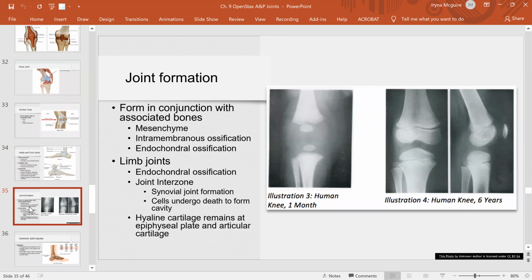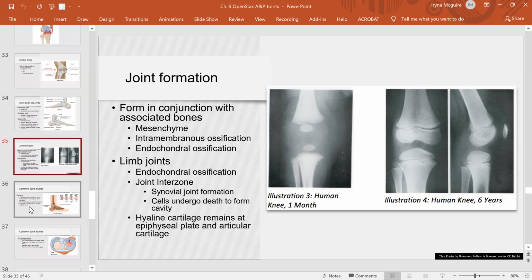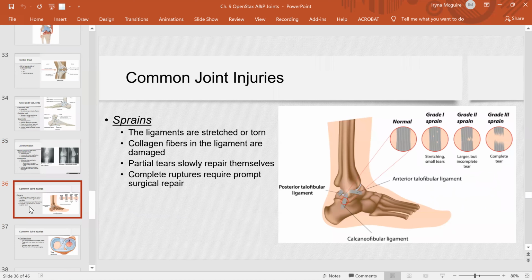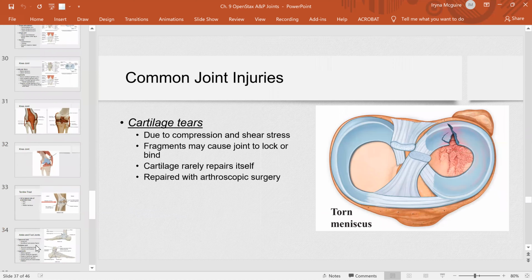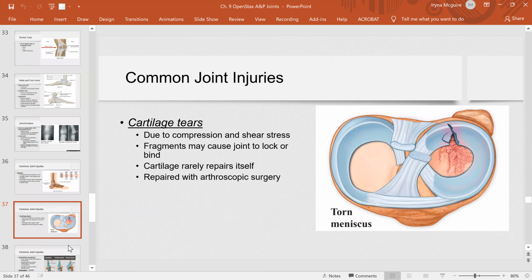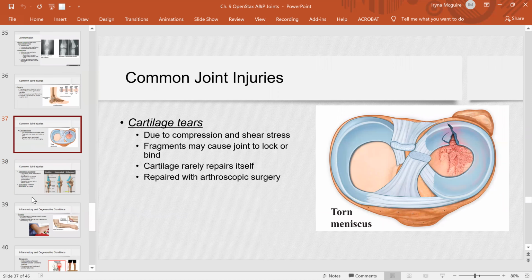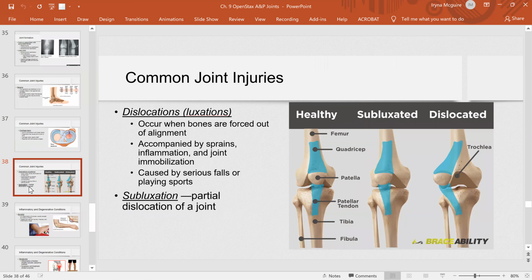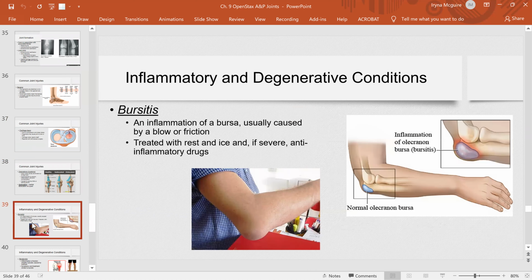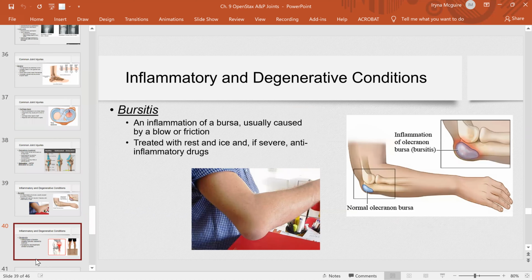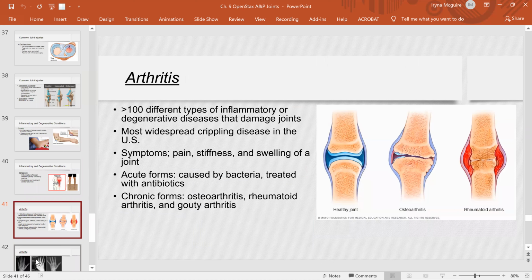We mentioned the joints formed in conjunction with associated bones, and we looked at common injuries of joints like sprains, cartilage tears, luxation, subluxation, bursitis, tendonitis, and arthritis.